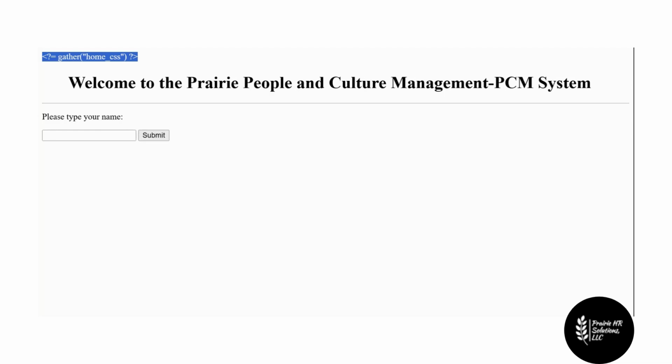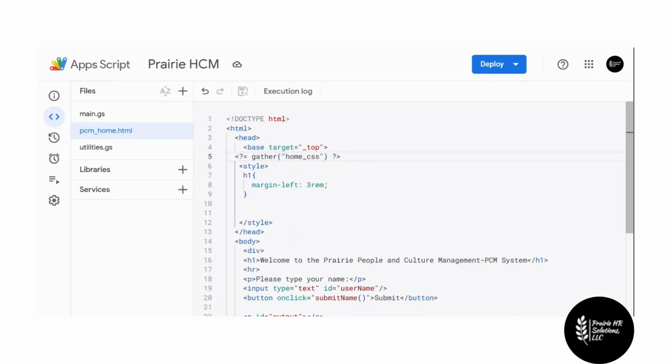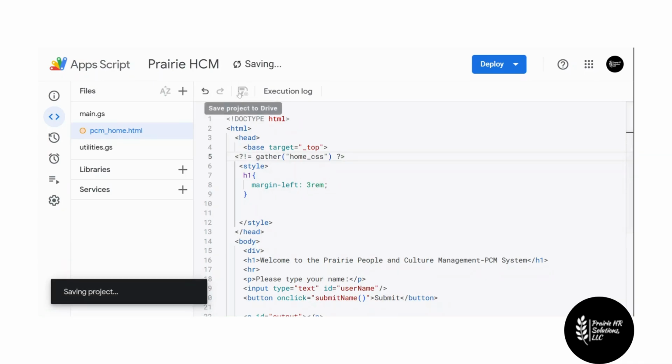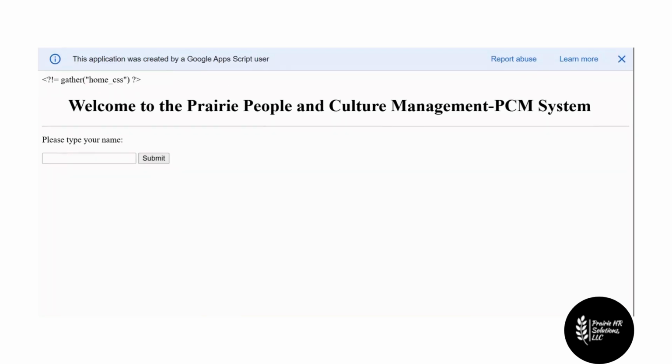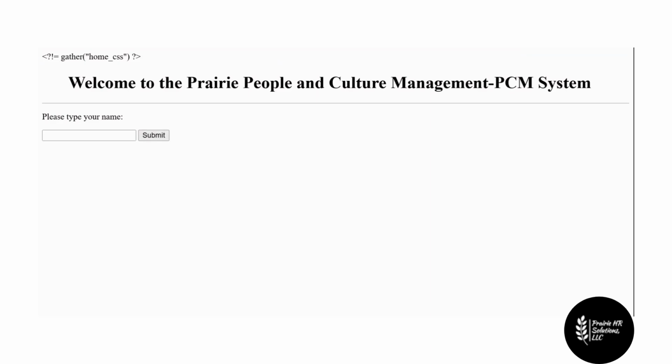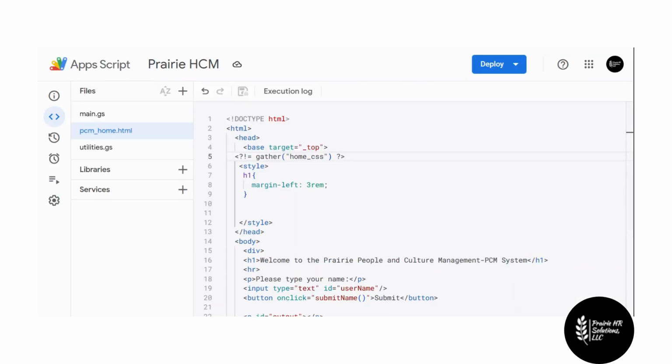So in order to get us to run this as JavaScript, we need that exclamation point. Now if we were to save this and run it, we're going to get an error, of course. The reason we're getting an error is because this home CSS doesn't exist yet. And I think that's because I didn't save. Yep. Okay, there we go. So we're going to have to create this home CSS file in order to get this to render correctly.